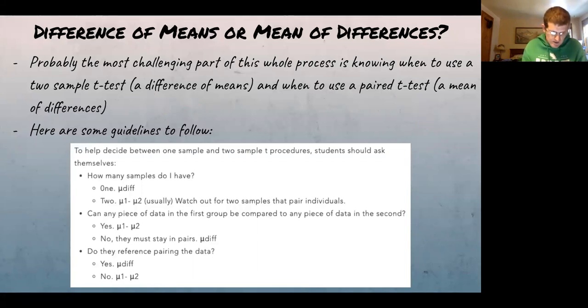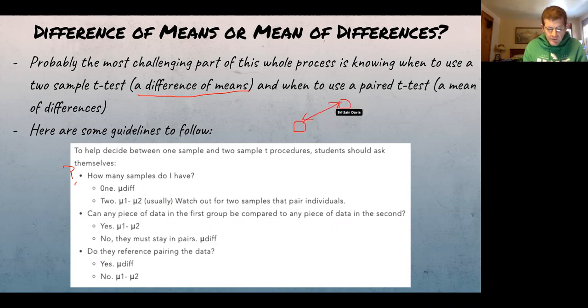All right. So this first one, that one's kind of iffy for me. I got this online. Can any piece of data in the first group be compared to any piece of data in the second? And if so, then it's going to be a difference of means. So if we had a sample of components from one corporation and I want to compare them to components of another corporation, I wouldn't say this component right here has to be compared to this component right here, and that's a natural pairing.